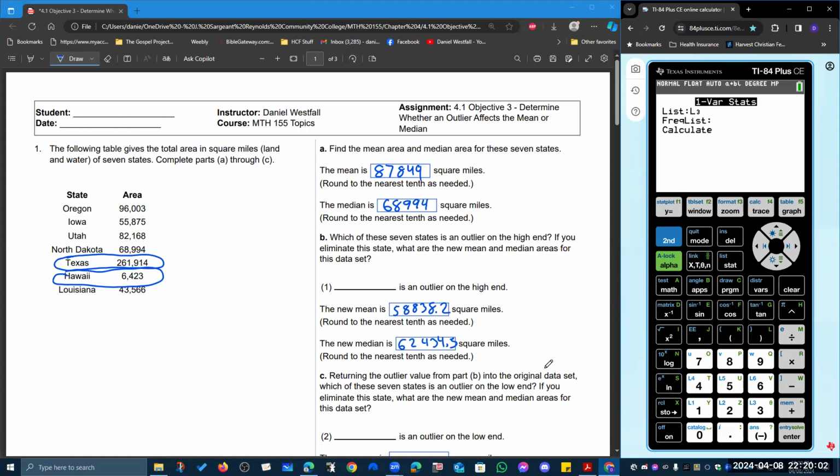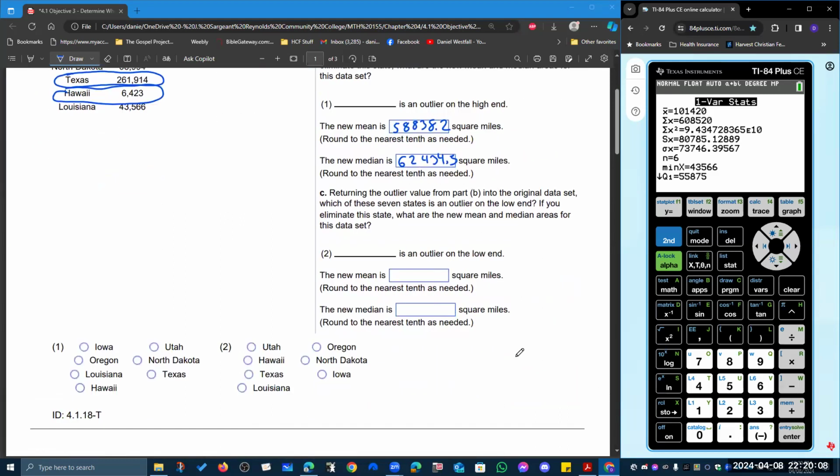I'm going to get a mean here of 101,420 and a median of 75,581.